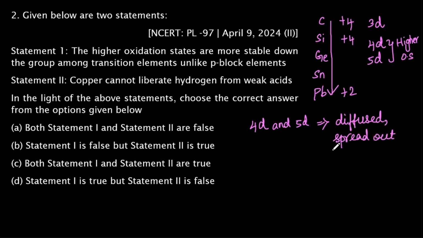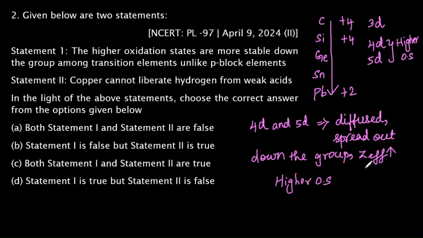So they easily form strong bonds with the ligands, and also as we go down the group in the d block elements, the effective nuclear charge increases. So the effective nuclear charge is going to stabilize the metal in the higher oxidation state. For these reasons, the higher oxidation states are more stable down the group. Down the group here they are referring to 4d and 5d series, unlike the p block elements. So statement 1 is correct.